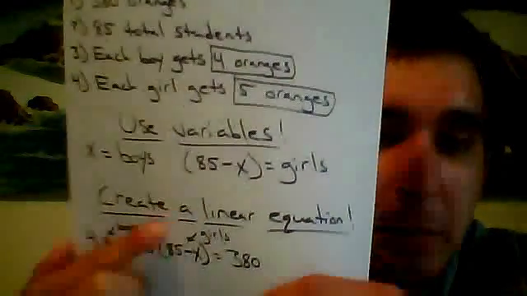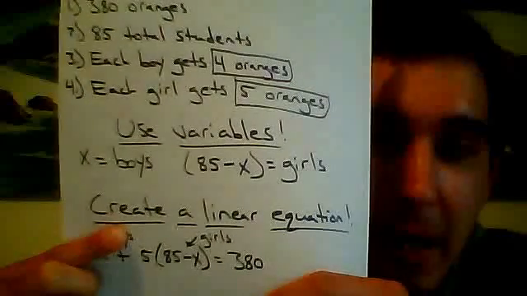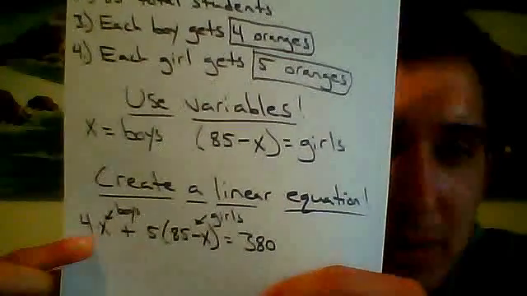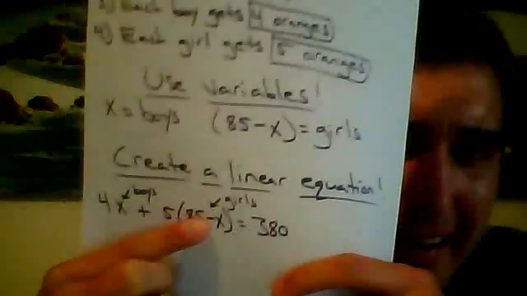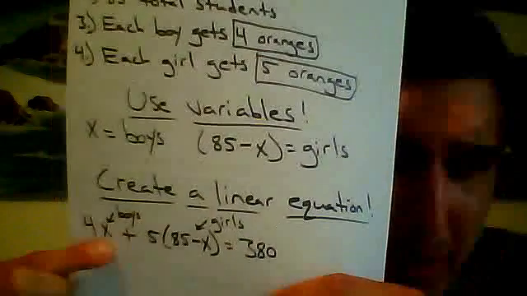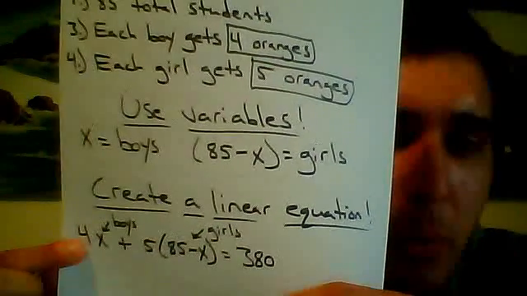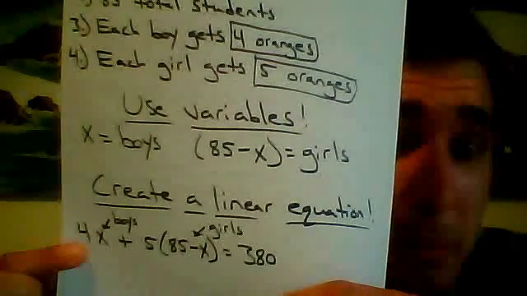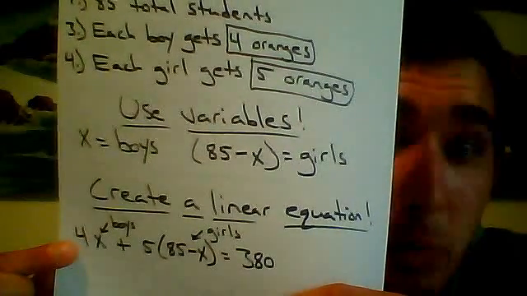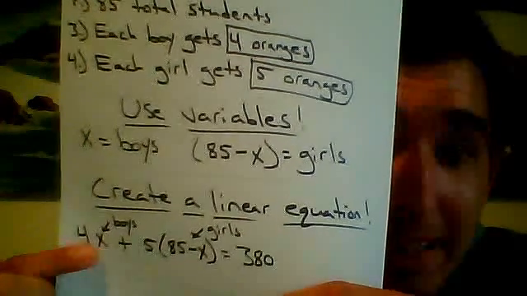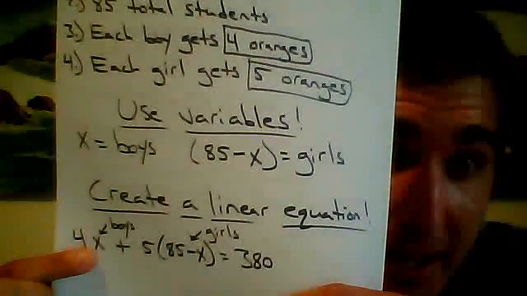Now that we have our variables set up, all we have to do now is to create a linear equation, which is going to be right here. Kind of threatening at first, but let me break it down for you. 4 times x is what? That is simply 4, the total number of oranges each boy student receives, times x, the number of boys in the class.